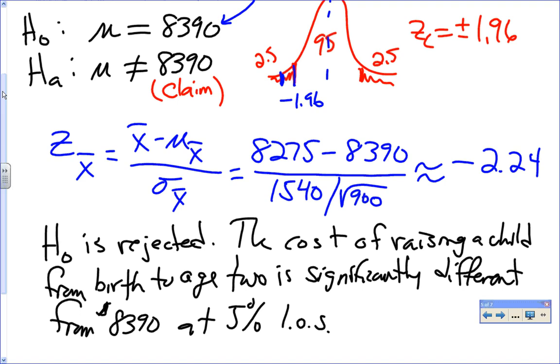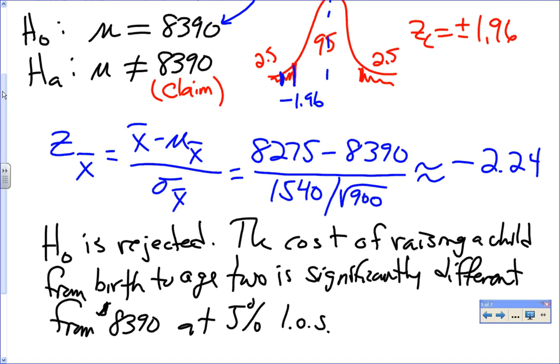So really I'm saying there's only a 5% chance of a type 1 error. Okay? And so you could always say support the claim, but what am I really supporting here, right? The null gets rejected, and then you find out where the claim was.